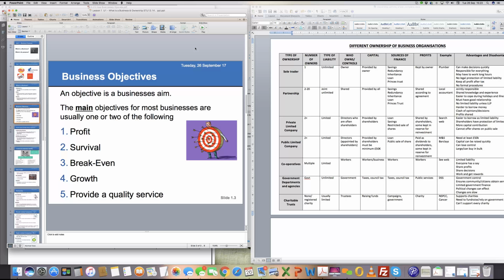When you start a business, you set some short-term goals and some long-term goals. When you start a new business, your short-term goal could be to make it profitable or viable, meaning self-sustaining, maybe in six months' time.